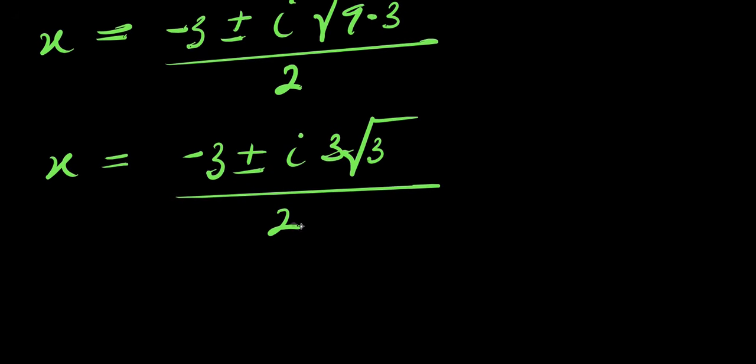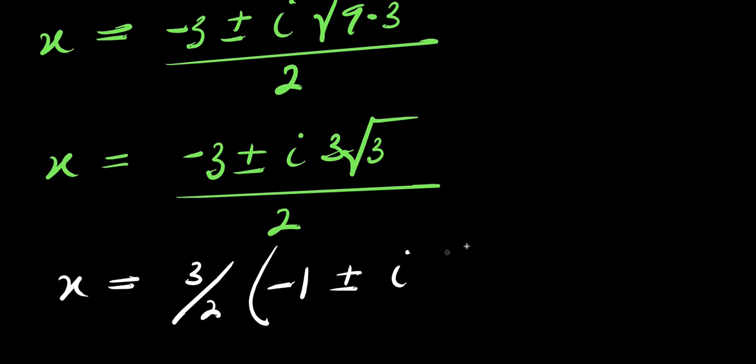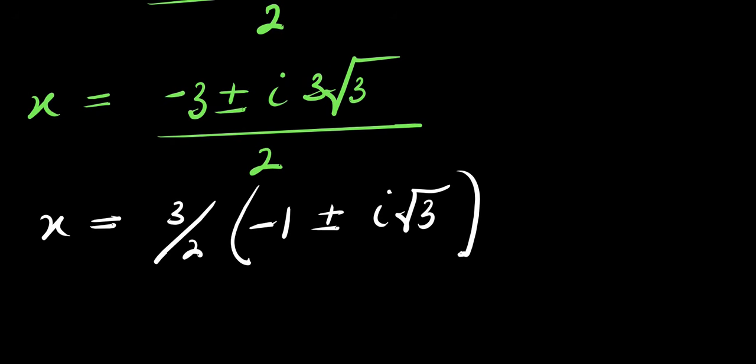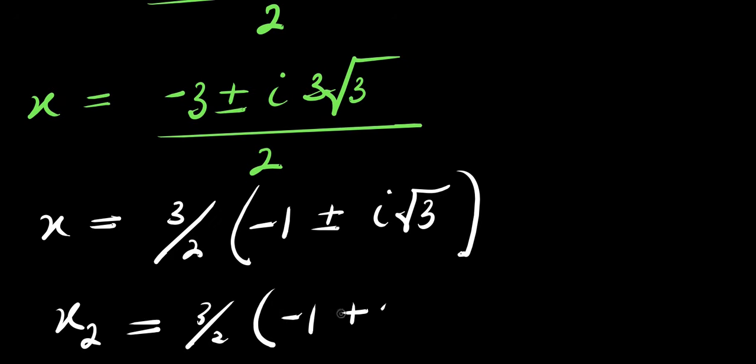So I can easily factor out 3 over 2 from here. I can have x equals 3 over 2 times negative 1 plus or minus i times root 3. So I have two values for x here. I have x2 equals 3 over 2 times negative 1 plus i root 3.